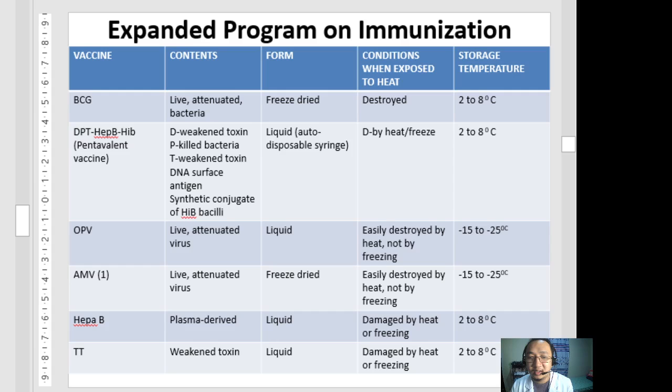If you can see in your screens, some of the statements in column 2 say live attenuated. This means these are live microorganisms that have been genetically modified, and these are real, live microorganisms, whether it's virus or bacteria.